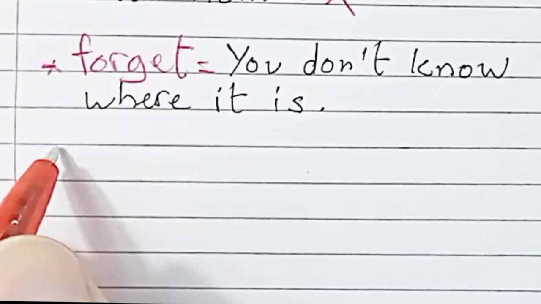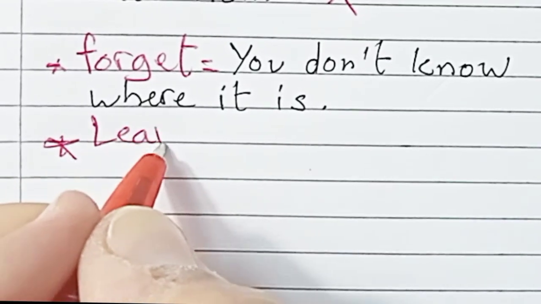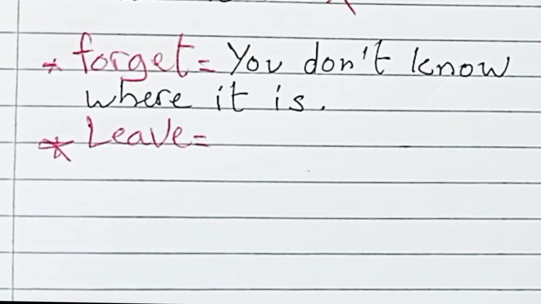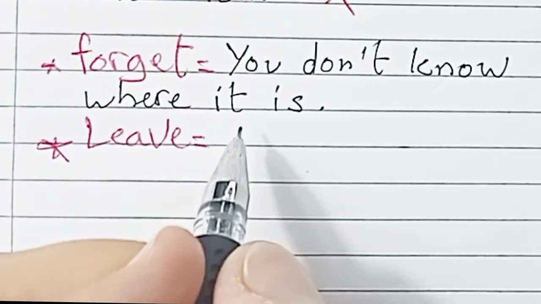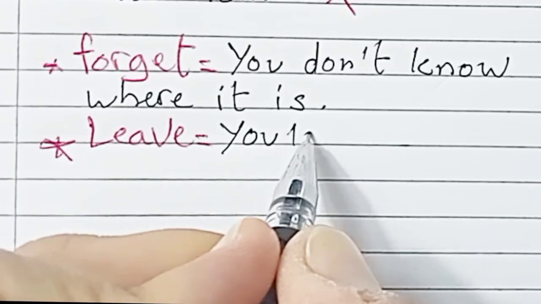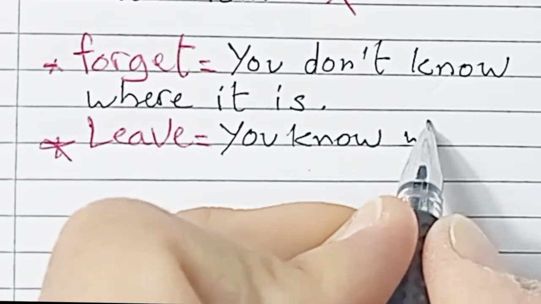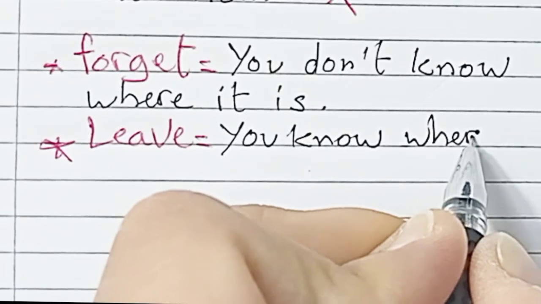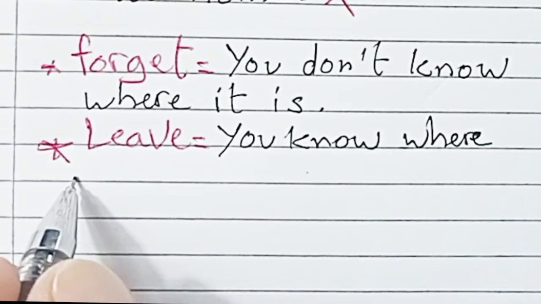Okay? The second word, which is the correct word, is leave. Here, it doesn't mean you don't know where it is. It's the opposite. You know, actually, where it is.